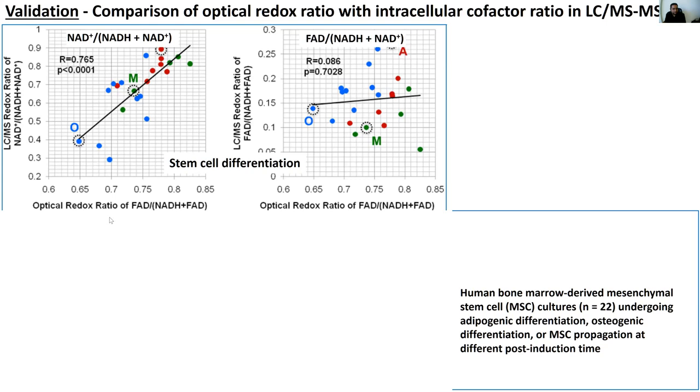If you look at the optical redox ratio, defined here as FAD by NADH plus FAD, and the LCMS ratio, NAD plus by NADH plus NAD, and these three colors are the three types of differentiation, you can see a very good correlation between the optical redox ratio and LCMS. This correlation was much less if we measure the LCMS of FAD by NADH plus FAD.